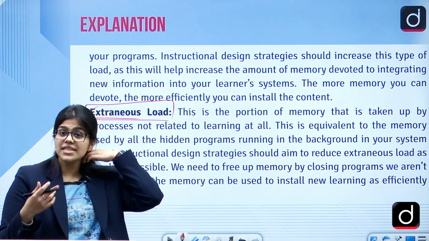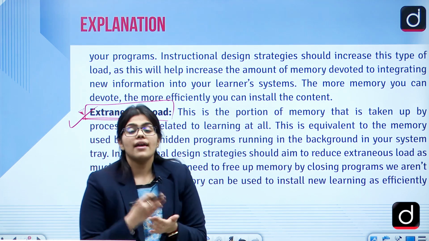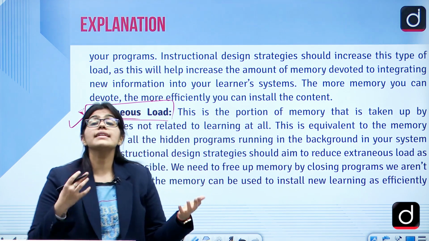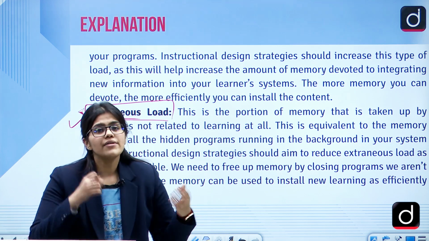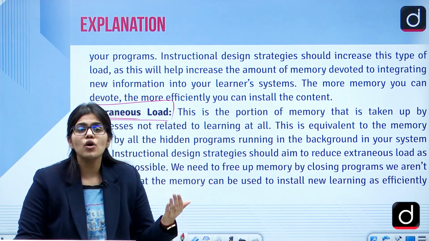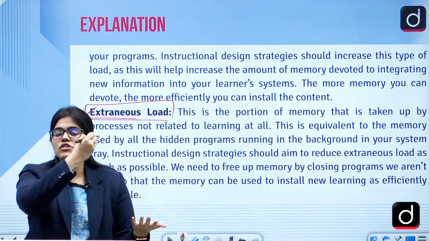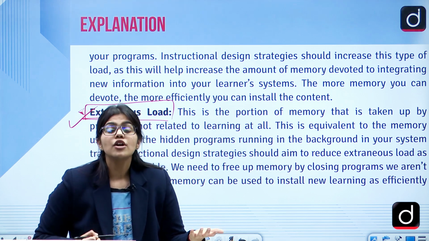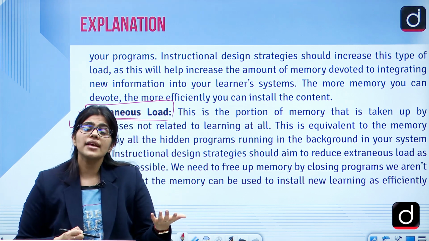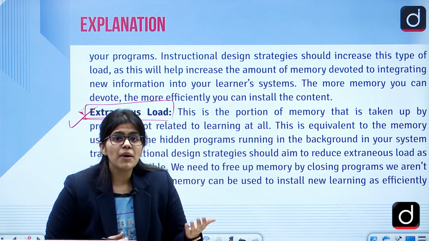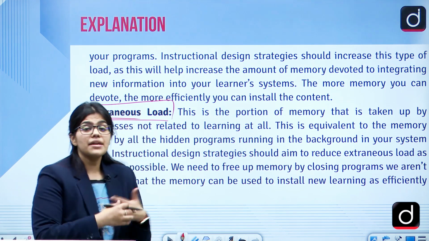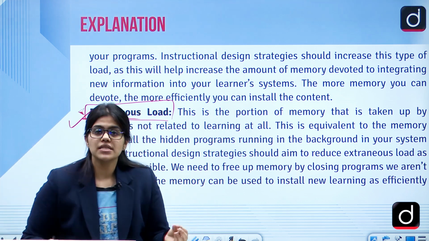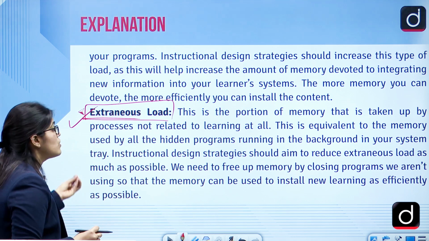So what is the process that is going on? You are here trying to have an intrinsic load, that is the new knowledge, and then deal it with the Germane load, already present schemas plus the new knowledge, and you had some portions in your mind that had something other than the syllabus of UGC NET. So you have to do away with that thing. So there are your working memories, and that working memory is again and again used, while your previously stored memory is to be deleted. So this is how your brain works.